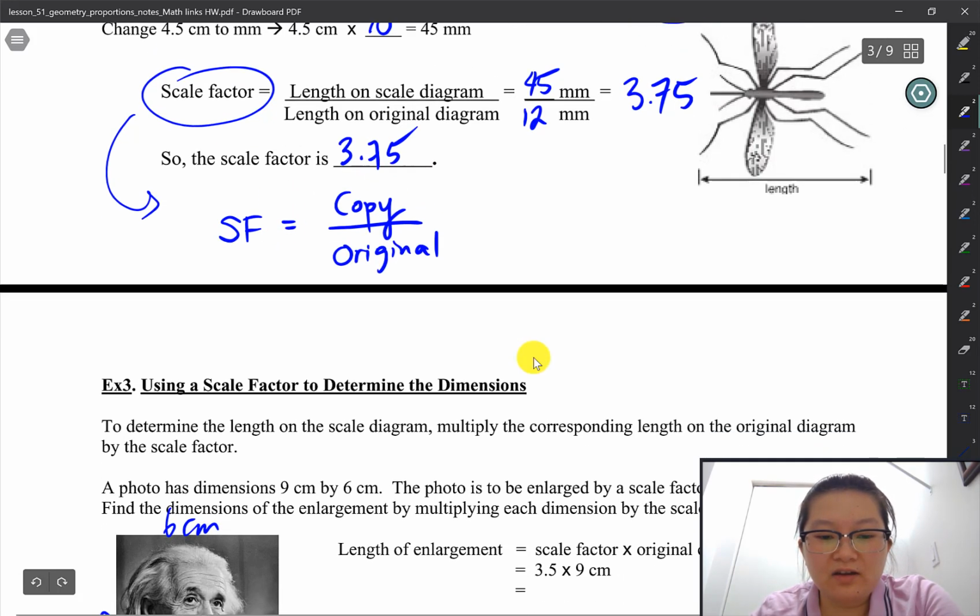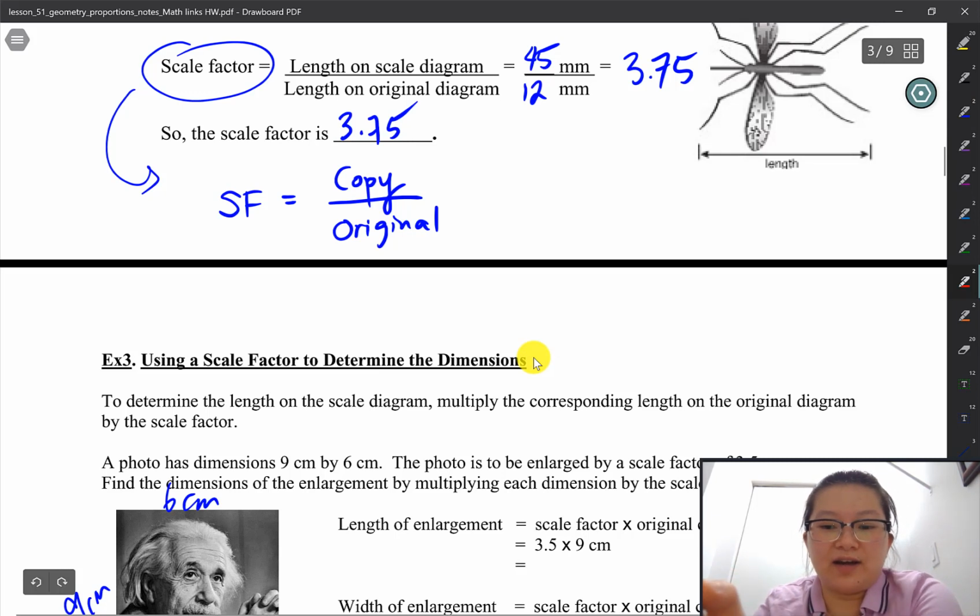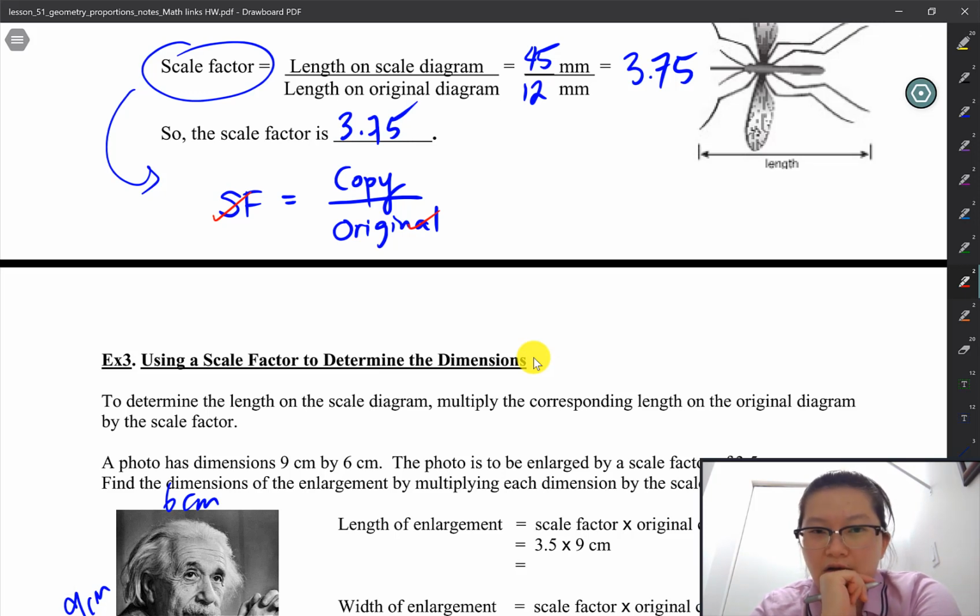If we apply that in example 3, we have the scale factor, which is 3.5. We have the original. We want to figure out how much we need to make our copy. We want to make Einstein bigger by 3.5. So that's the copy that we're going to create from our original.